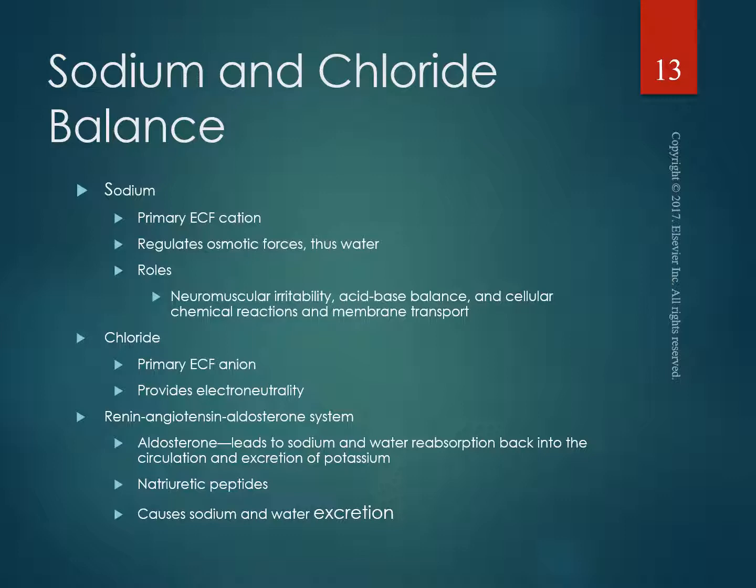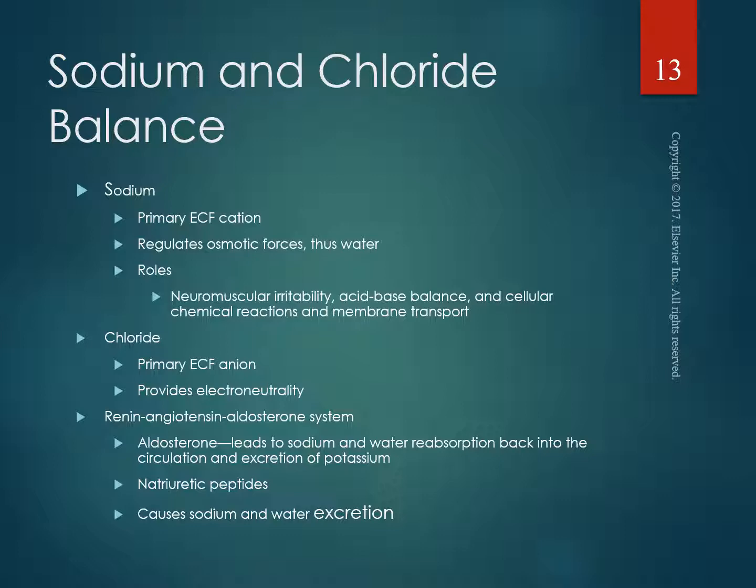Aldosterone is produced by the adrenal cortex. In times of high serum osmolality or low blood volume, aldosterone is released and the kidneys retain sodium. The opposite is true when serum osmolality decreases and fluid volume increases.